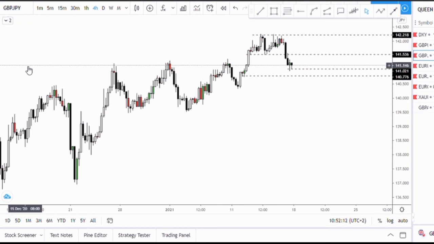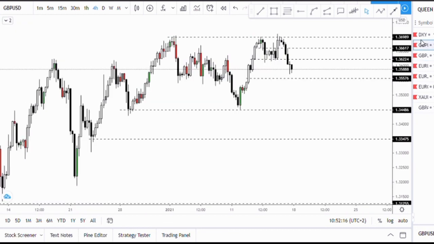So let's say it's during the New York session and Pound USD is being moved by USD. Let's say USD is much stronger than pound right now and pound is very weak. You might see Pound Yen slowly moving in the same direction as Pound USD, or it might just range, or it might actually move the same way Pound USD is.